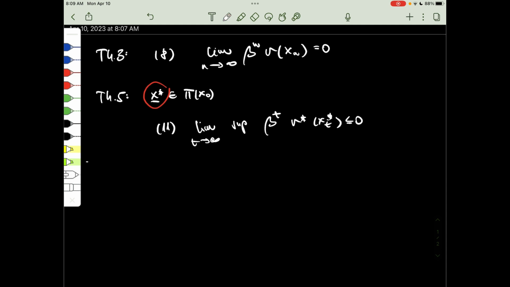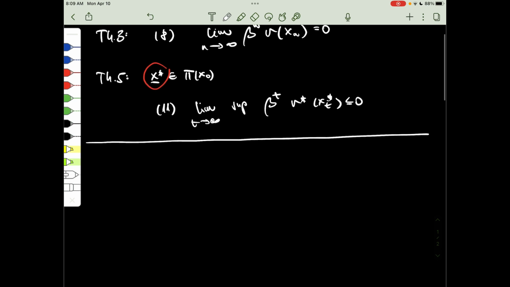So let's have two interrelated examples to show how these two theorems work.